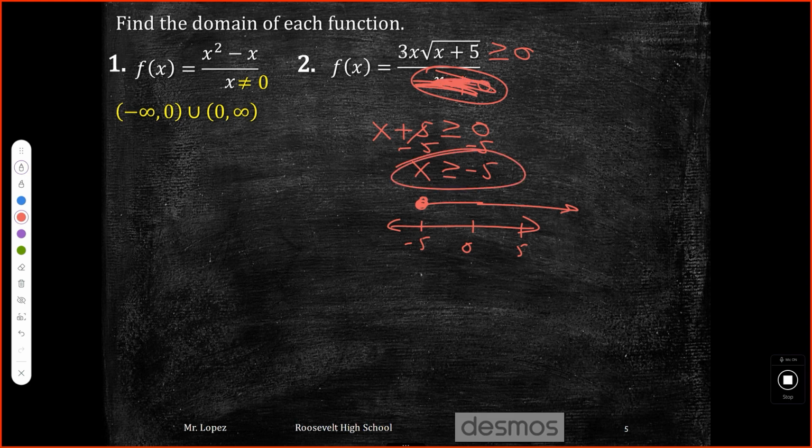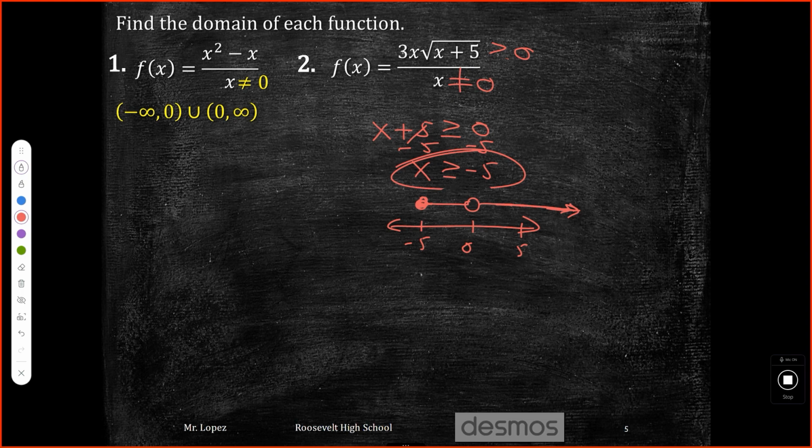But we have to jump it because it cannot equal 0. So there has to be a hole there. Let's clean this up. So it has to go here, open, and jump, and then it's forever that way. So this is the domain here.